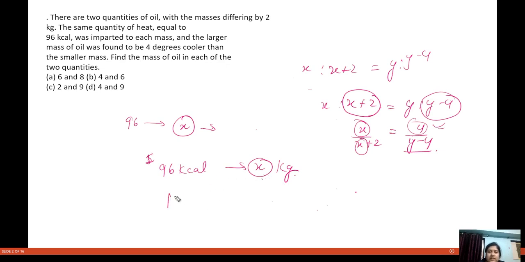That means exactly that 1 kg is heated by 96 kilocalorie divided by x.